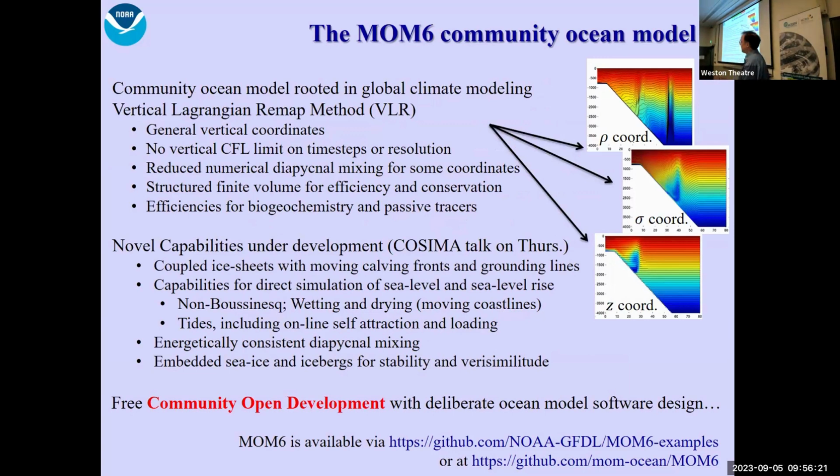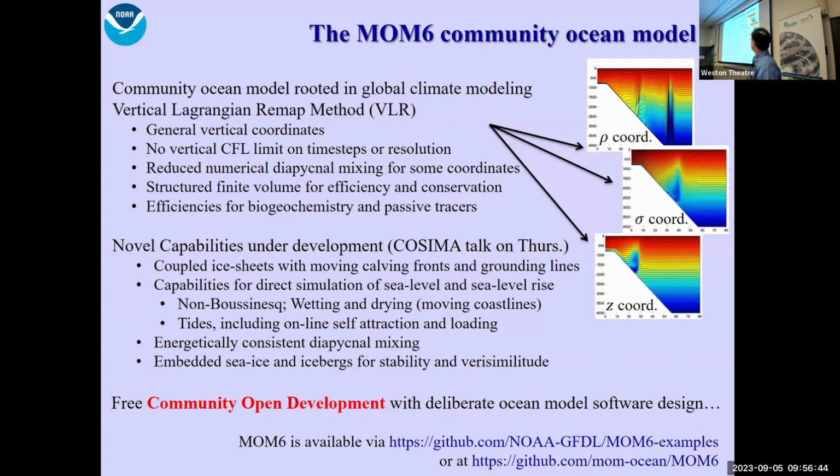Critically, this introduces a couple of things. First, there's no vertical CFL limit, so you can have vertical resolution as fine as you like it to be. It's also, from the global climate perspective, particularly good at reducing diapycnal mixing in some coordinates. And it has a number of efficiencies for biogeochemistry and passive tracers that I'll discuss momentarily.